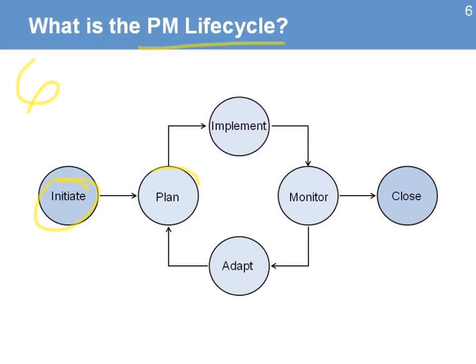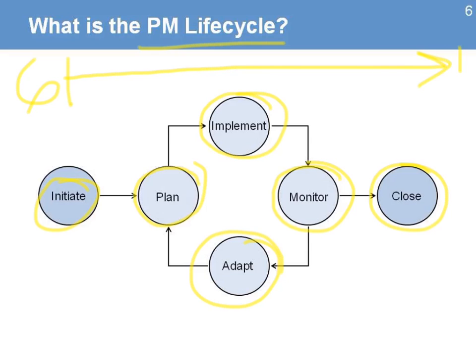Then there is a planning phase where most of the project management plans are developed. Then most of the work happens during the implementation. Then we have a monitoring phase, an adapting phase, and a closing phase. That means that your project from beginning to end will have a beginning and an end, and in between we have this continuous cycle of plan, implement, monitor, adapt, and then plan.